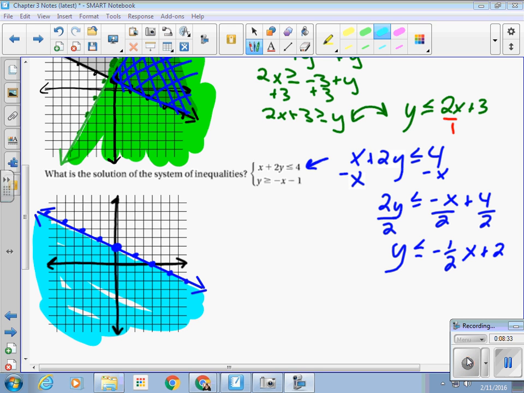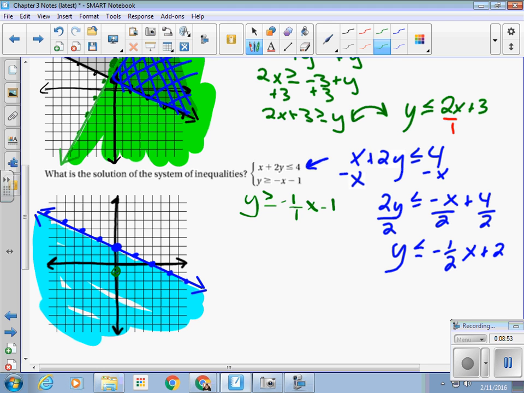All right, so for our next line, I'm just going to rewrite it a smidge so that I can clearly see that my slope is negative 1 over 1.